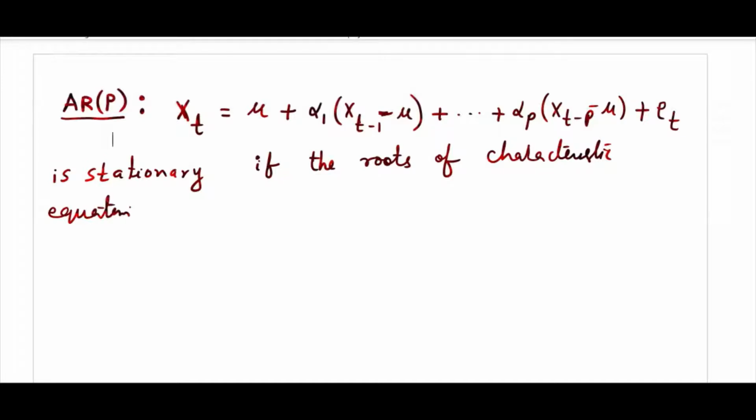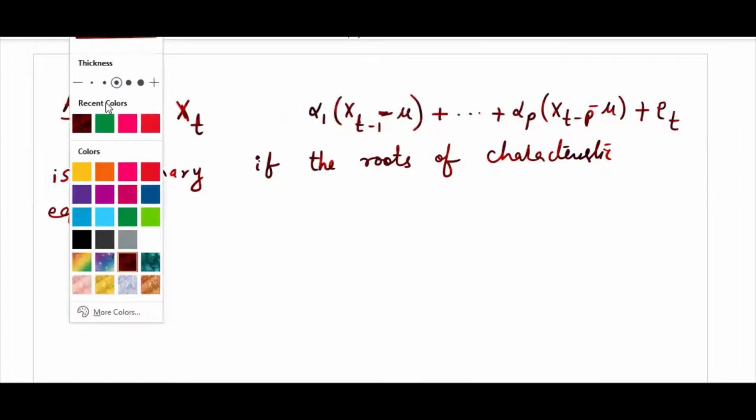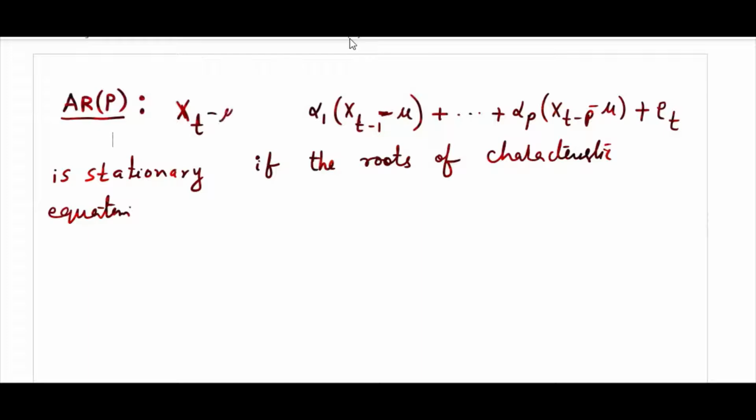You bring everything to the left. Xt minus mu, you can denote it by yt. If I write this way, xt minus mu is equal to this one, and you take yt for this, alpha 1 yt minus 1 up to alpha p yt minus p plus et.